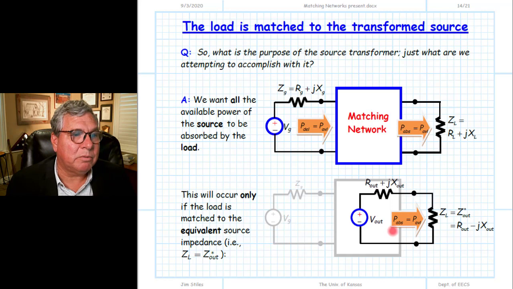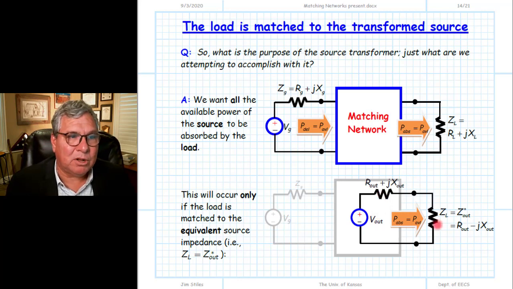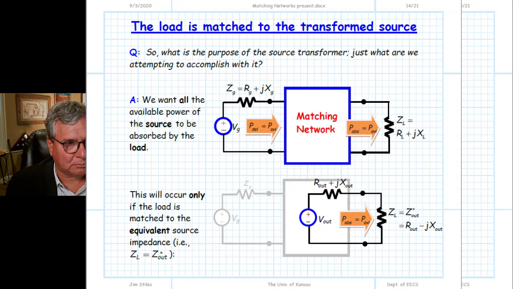And so what we find ultimately in this case, because we've transformed our original source into a new source such that a conjugate match has been established at the output, we'll pull out energy at a rate equal to the available power of this transformed source, which is equal to the available power of the original source, since this is lossless. This is what we're trying to accomplish now with our lossless matching network.